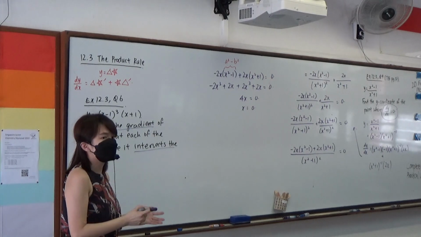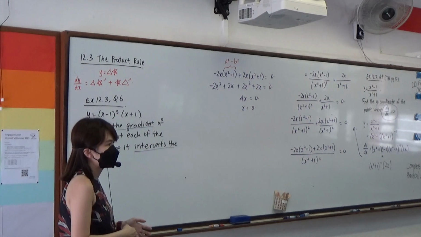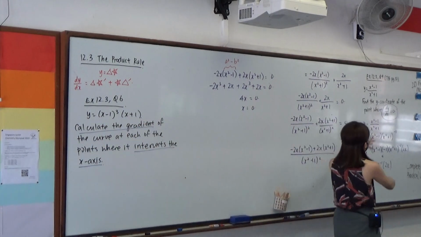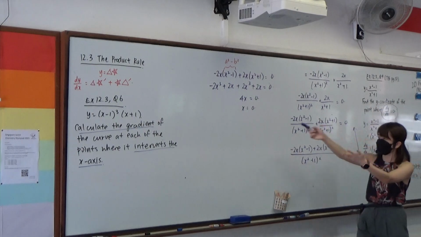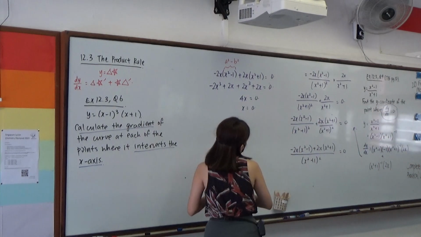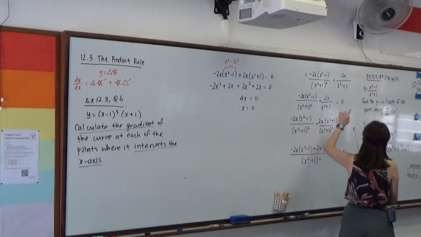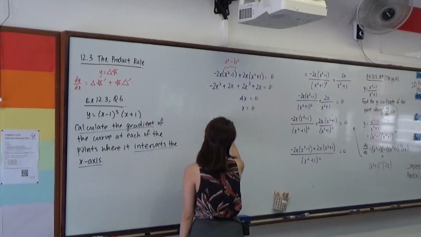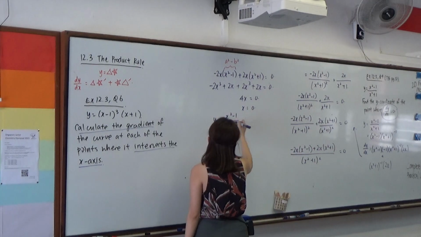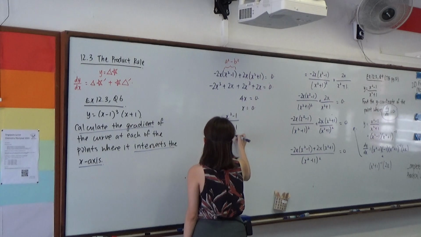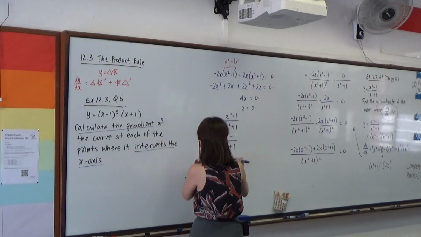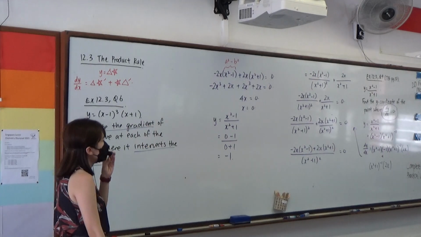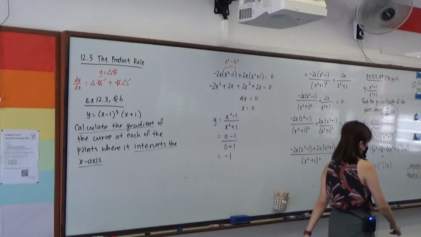But it's not yet the answer, because the question asks for the y coordinate and I only have x equals 0. That means I need to take this x coordinate and place it back into the curve, because the point lies on the curve itself. So the y coordinate will be -1.